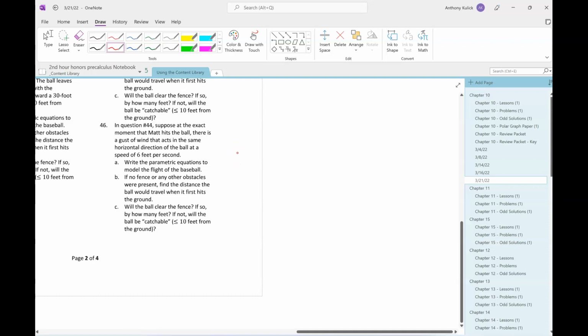So all I'm going to do here, Enzo, is take the force in the x direction and just add 6 to that. So maybe we'll call this new, or something.